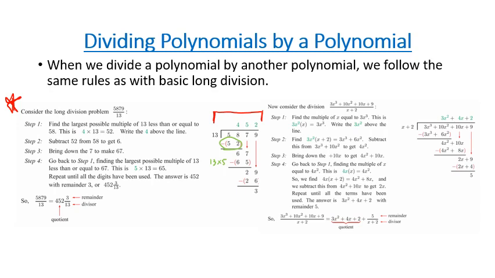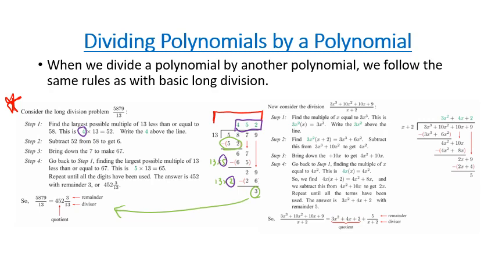That gives us 29. We then have 13 times 2 gives us 26. And then we have a remainder of 3. And that is how we get here. The 4, the 5, and the 2 are what make up 452.